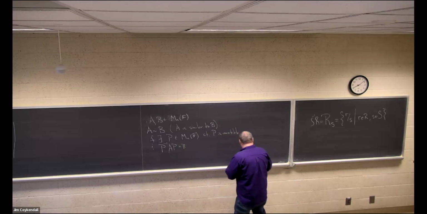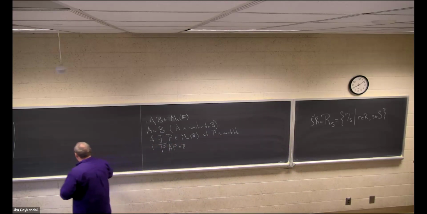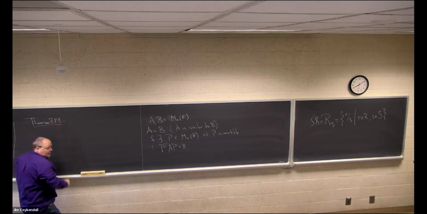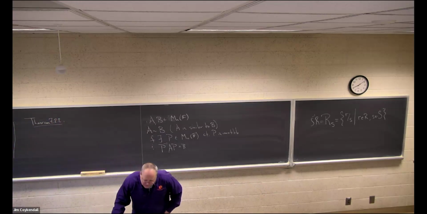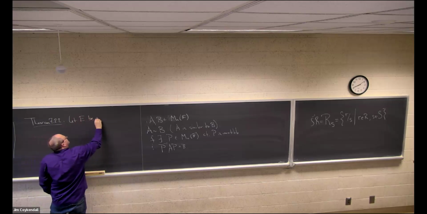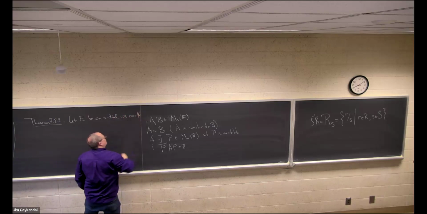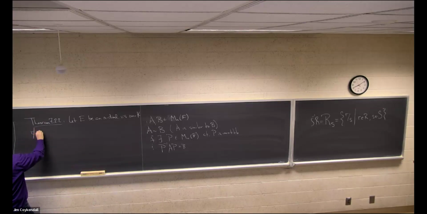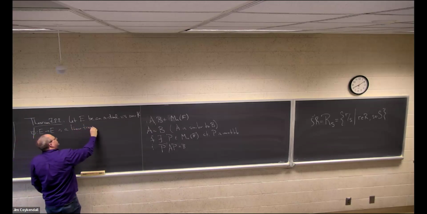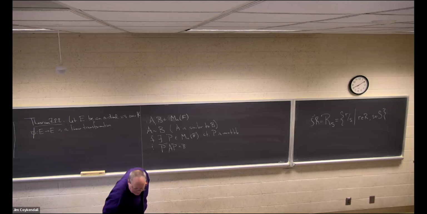So let me give you a theorem here. Suppose E is an n-dimensional vector space over K. Let's say phi from E to E is a linear transformation, and we'll call A an n by n matrix.